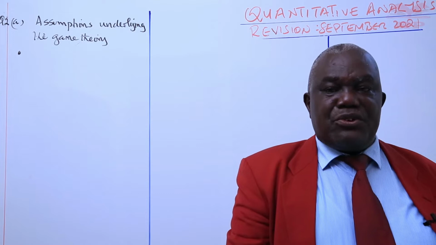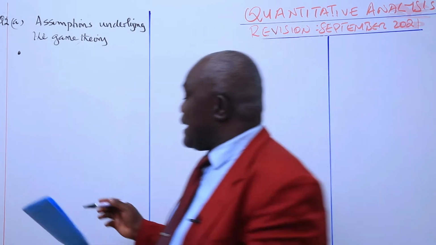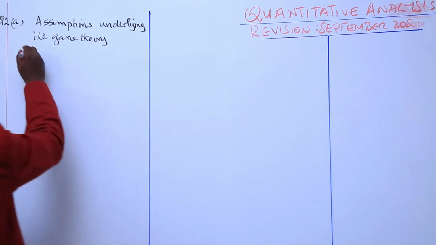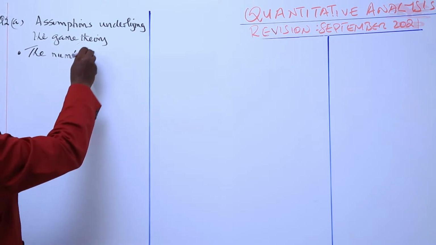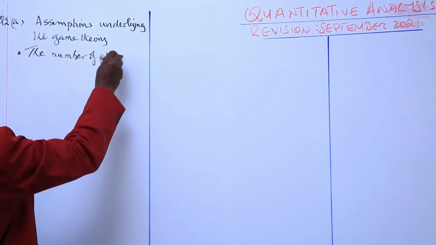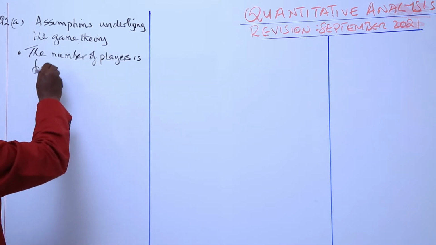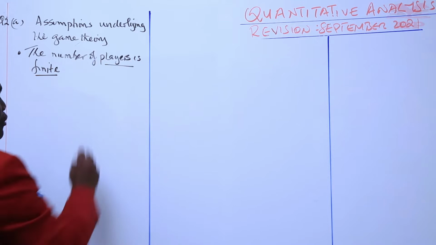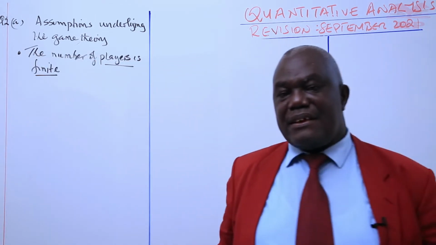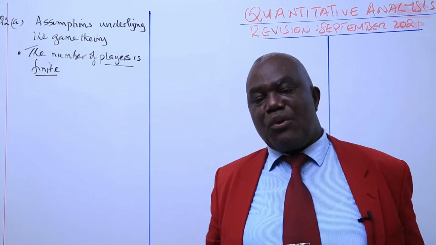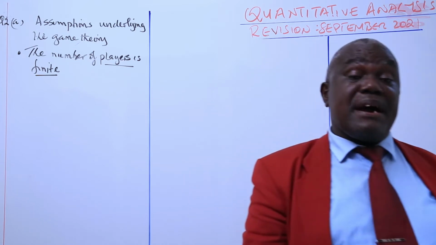So one of the assumptions in the game theory is that the number of players is finite, meaning they're countable. Even if you talk about football game, we have 11 on both sides. That is finite. Even if we talk about indoor games, for example, squash and the rest, the number is finite.